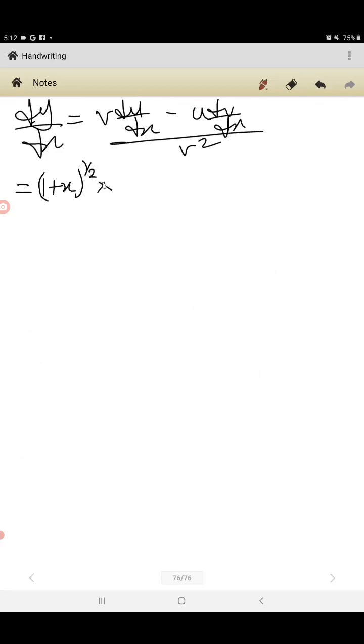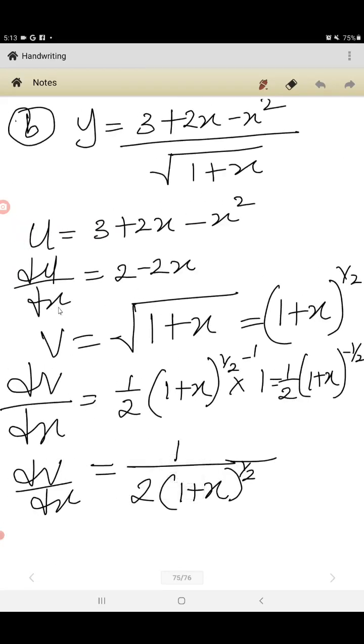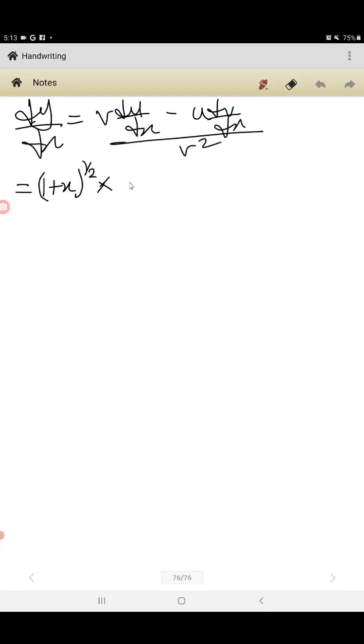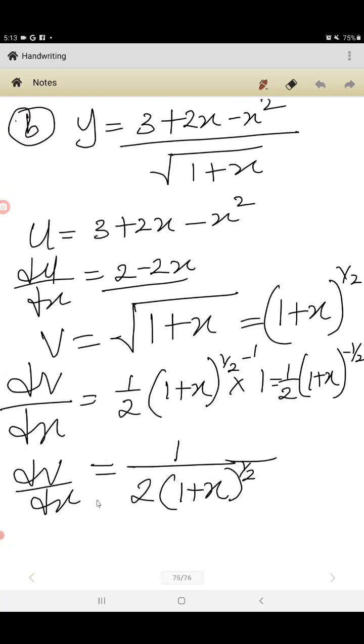Multiply, we have to be careful, just step by step, so we can get it better together. So du dx, which is 2 minus 2x, minus, now what is the value of u? 3 plus 2x minus s squared.